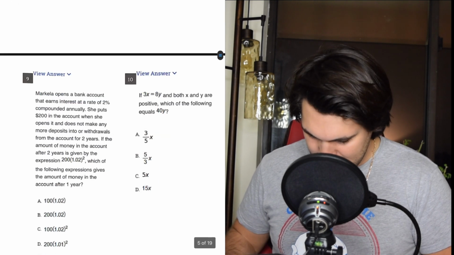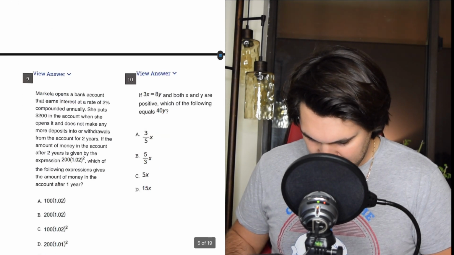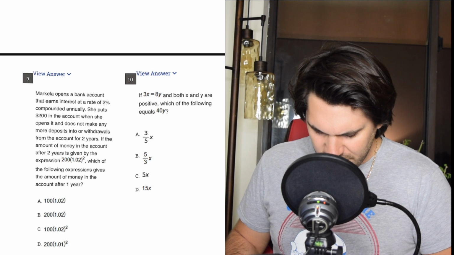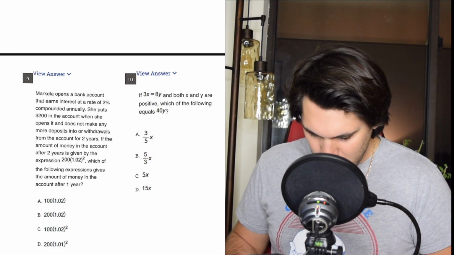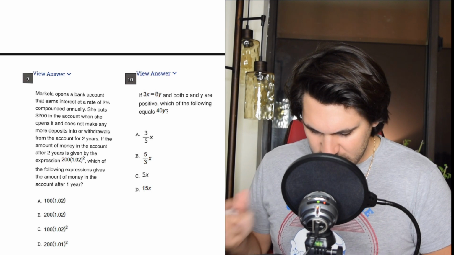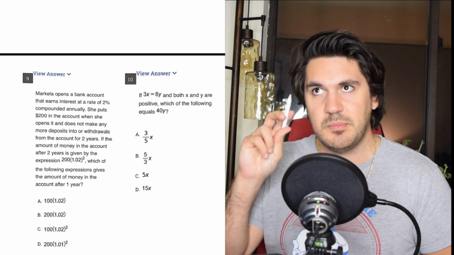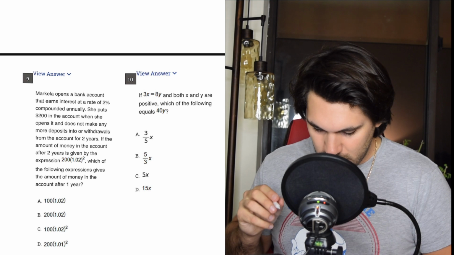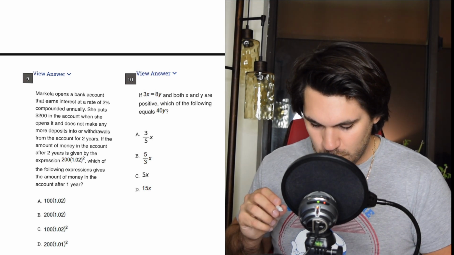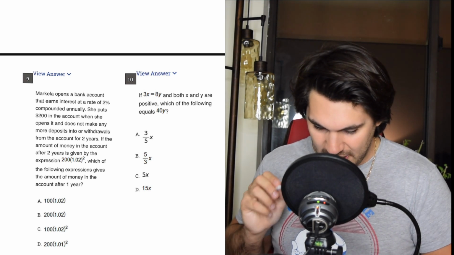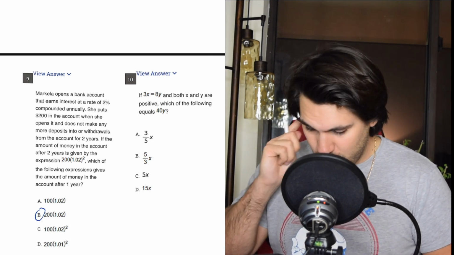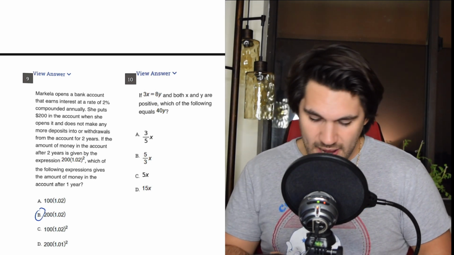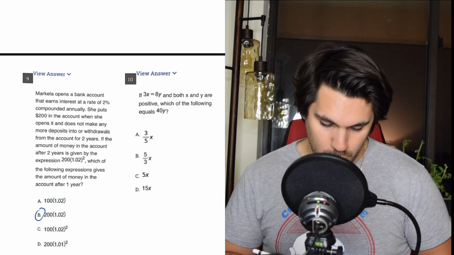Number 9, a bunch of stuff. Which of the following expressions gives the amount of money in the account after 1 year? This one is after 2 years, and they made the exponent 2. So after 1 year, it should just be 200 times 1.02 raised to the first power, which would be answer choice B. Number 10, 3x equals 8y, x and y are both positive, which of the following is equal to 40y?